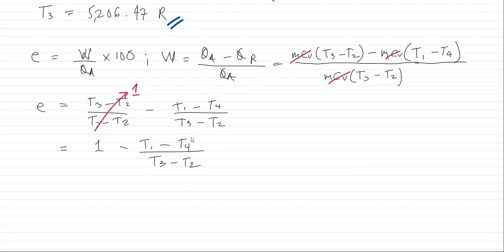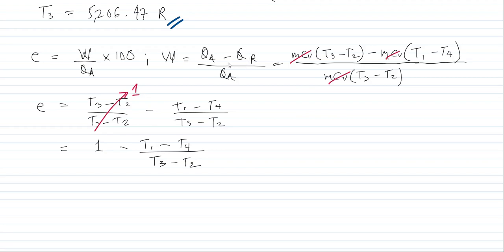Before we proceed with simplifying this equation, let us first consider this important factor. QR, heat rejected, will be a quantity that is negative by definition.